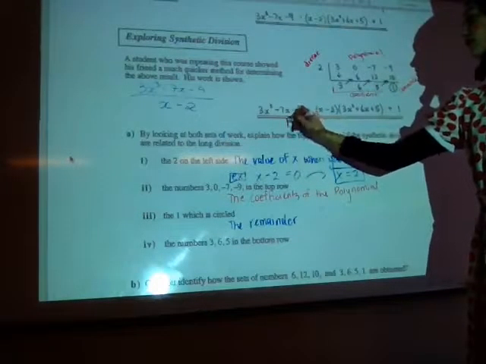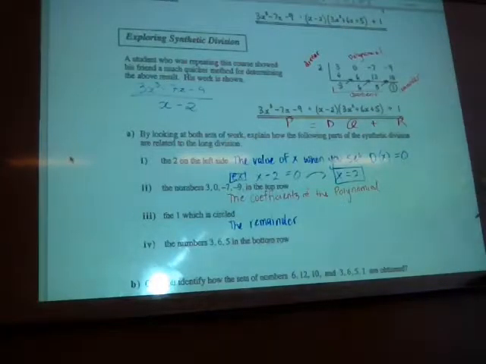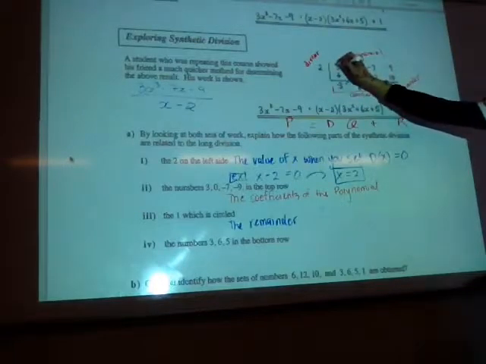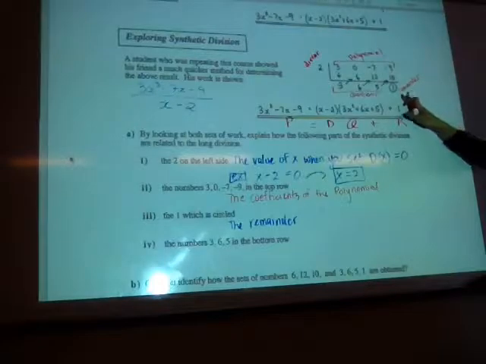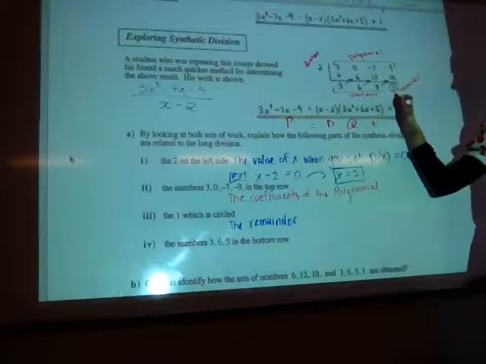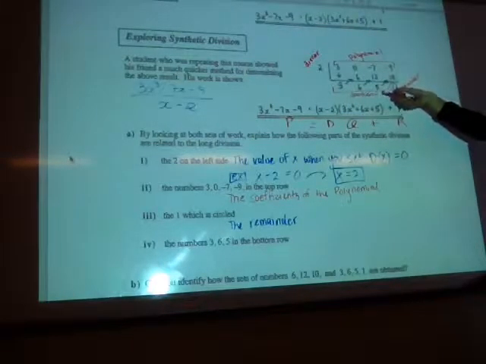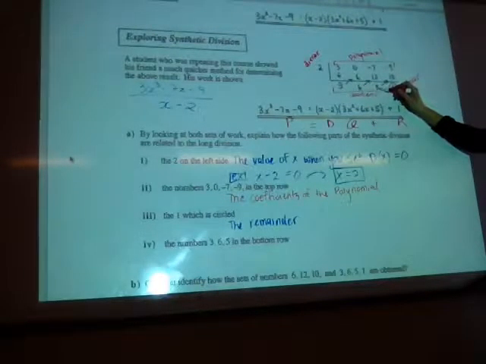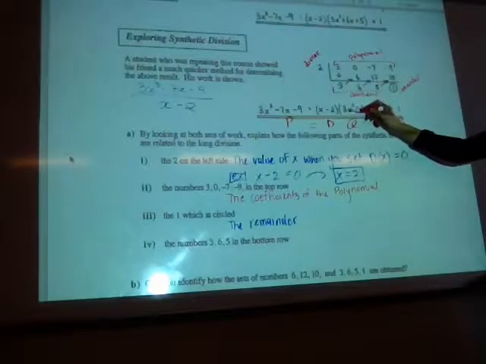Okay, so if we look, that was our polynomial, divisor times quotient plus a remainder. We have our divisor on the side, our original polynomial, the top digits. The remainder is always the far one on the right, and going from right to left, we have our quotient. So 3, 6, and 5 stand for 5 as our constant, 6x, and 3x squared.